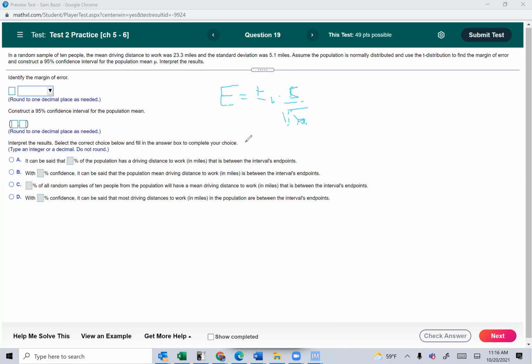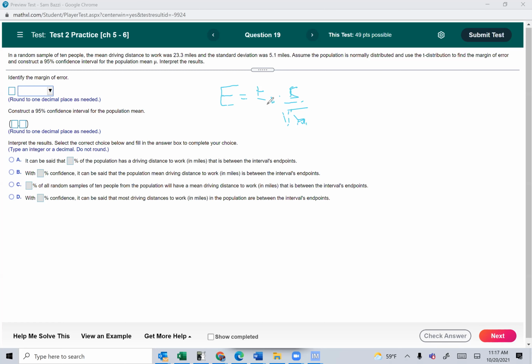It didn't pop up, that's strange. For the table, you need table 5. Confidence level is 95% and degrees of freedom is 10 minus 1, 9. And if I look at the table right here, guys, that I have in front of me, for 95% and 9, it will give me 2.262.